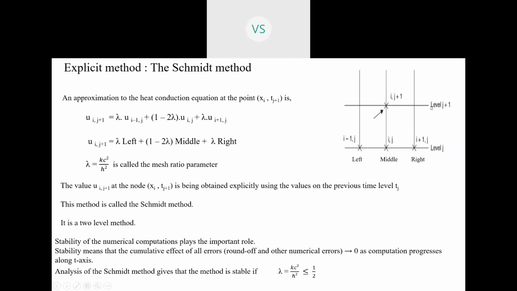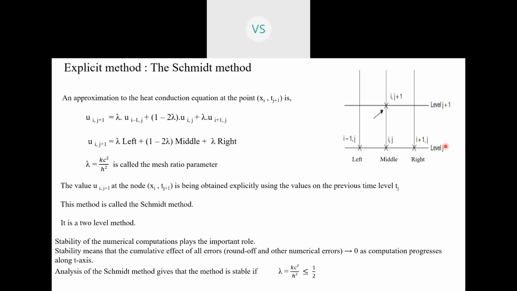We are on the level j+1 and we are interested in finding the solution at this point (i, j+1). This is the level j+1, this is the level j, so it is a two-level formula.